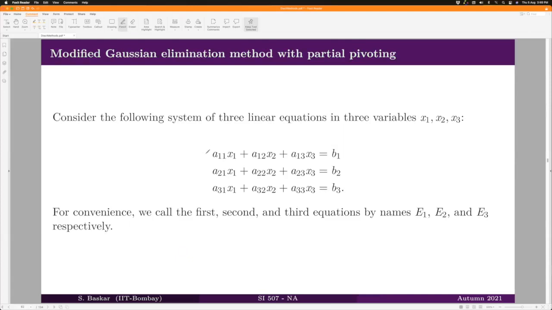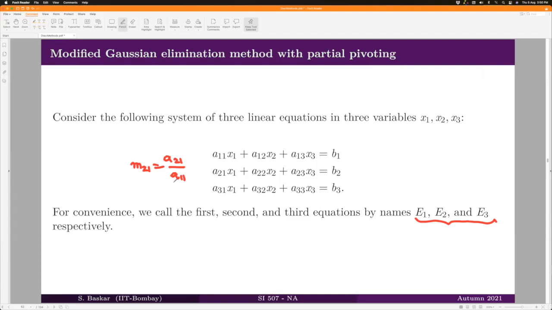Again, we will take a 3 by 3 system, and the idea will be similar for any n by n system. We again will call these equations E1, E2, and E3 respectively. Remember, in the naive Gaussian elimination method, we directly use M21 as A21 divided by A11, right?